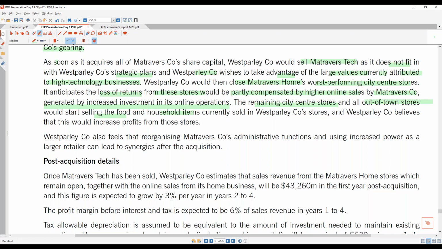Matt Travers is not involved in the food business, but the remaining city center and out of town stores will sell the goods currently sold in West Parley stores. West Parley believes that this would increase profit from these stores. That is the plan. So, yes, they want to get more power in the revenue.